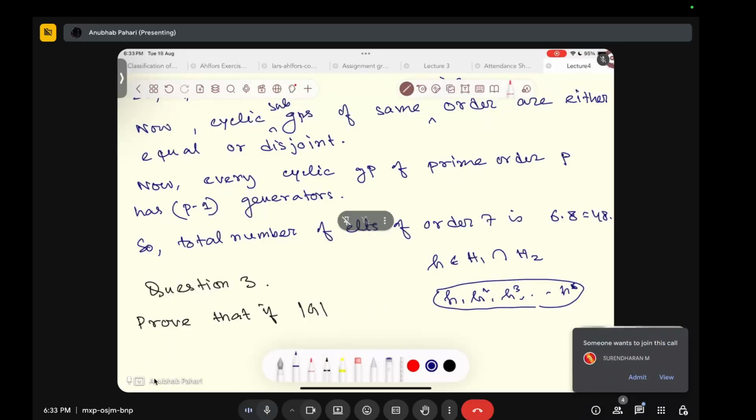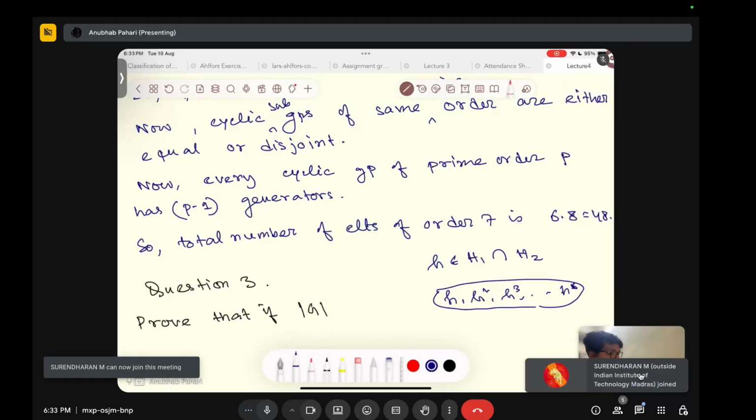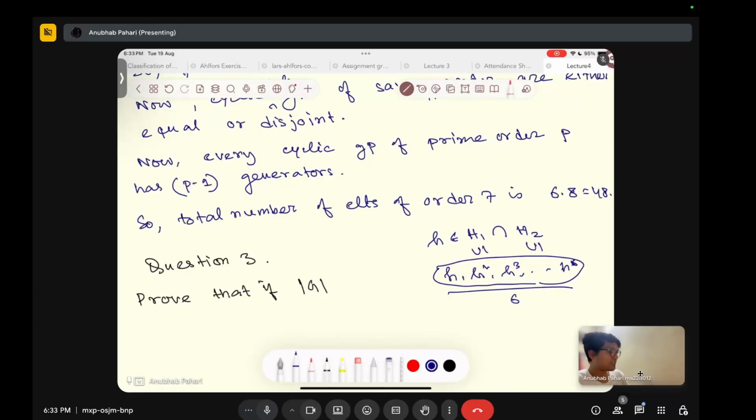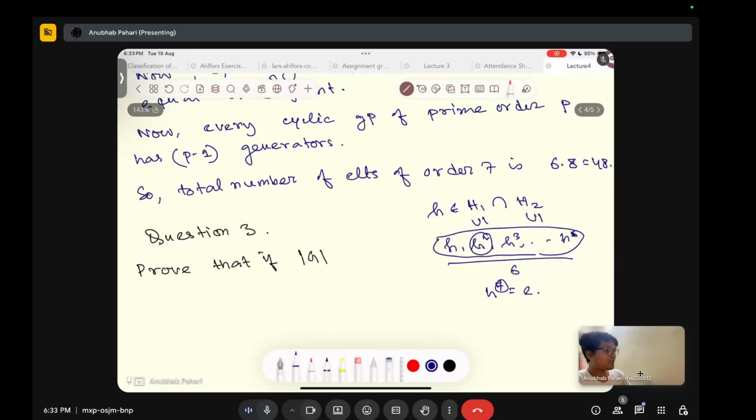So this will be here, and this will be here too, right? But the cardinality is already 6, and then the whole group will be the same. They have order 7, with only the identity element common, so these cannot share a non-identity element. Yes, sir. Okay, got it.